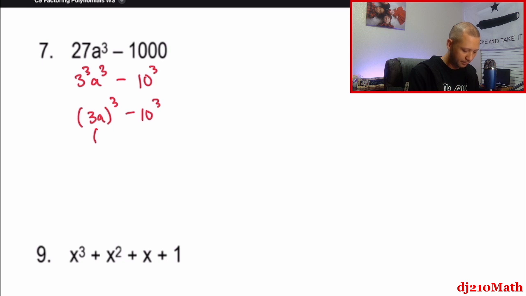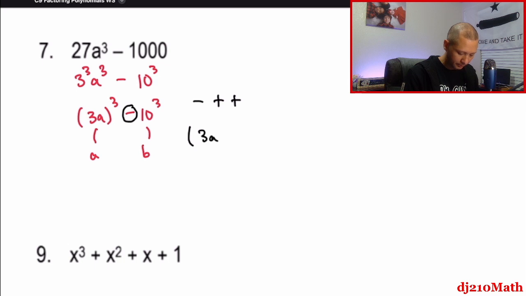So 3a is our a basically, and 10 is our b. So now we have a difference of cubes, right? A difference of cubes, because it's subtraction. So the pattern is minus, plus, plus. So keeping the same shape as earlier, a minus b.